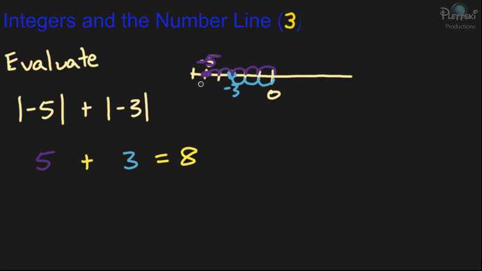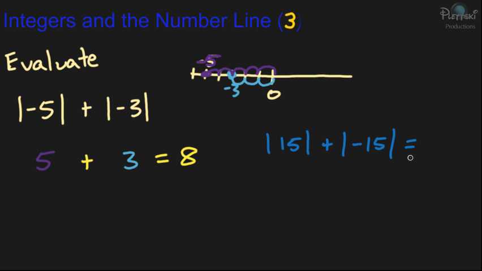So when you add absolute values like this, you're going to figure out what the absolute values are, get rid of the absolute value signs, and then add the results. So another example of this. The absolute value of 15, plus the absolute value of -15.